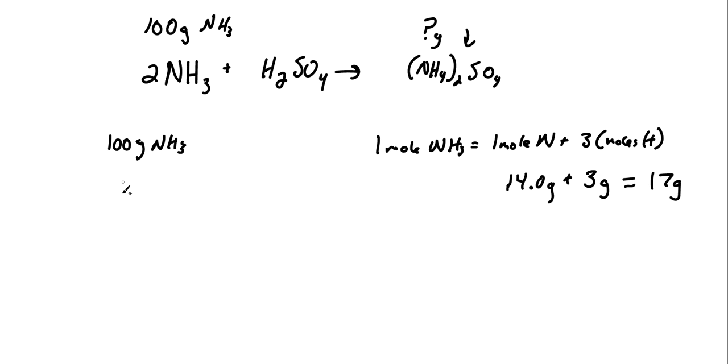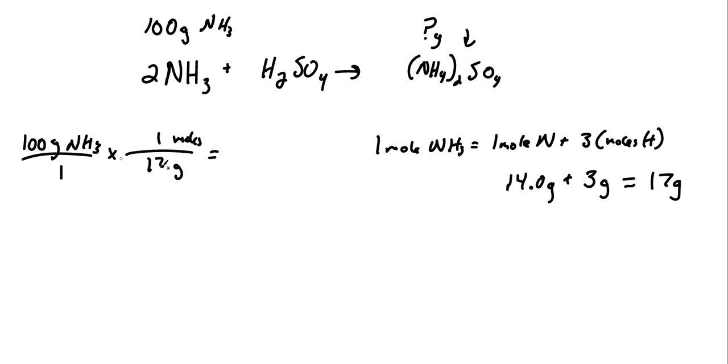So let's grab this and give ourselves a little more room. Okay, so we take what we know, we put that over 1, and we multiply it by what we want to get rid of. We want to get rid of grams, and we want to get moles. We know 1 mole of ammonia is 17 grams.